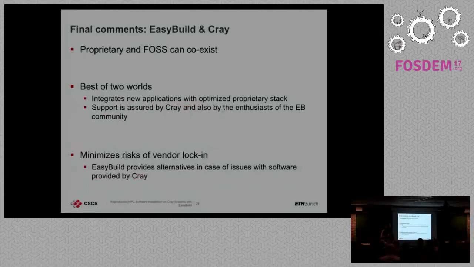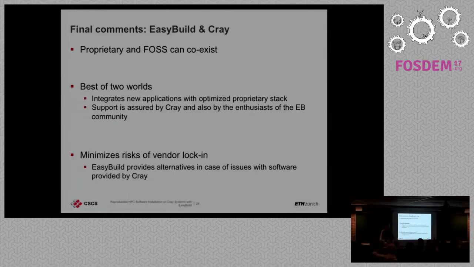Then the last thing is that we have the autonomous deployment of the software on the system. The final comment here is that proprietary and open source software can coexist. We used open source in order to better exploit our system and what we had available.